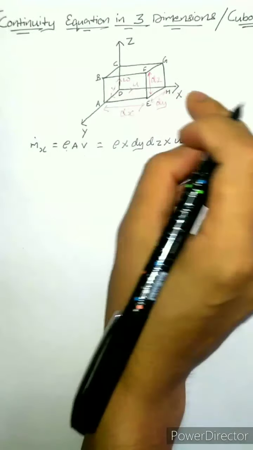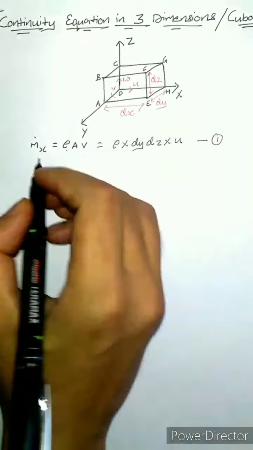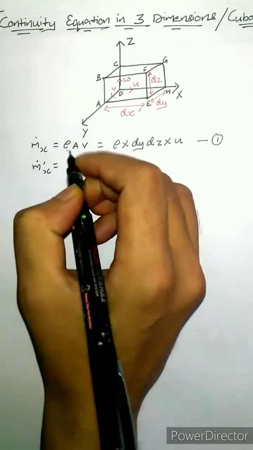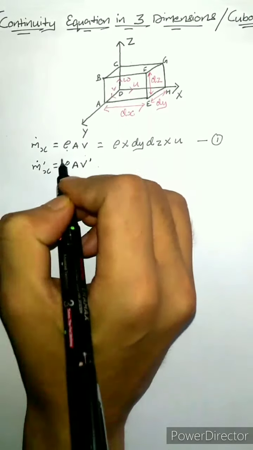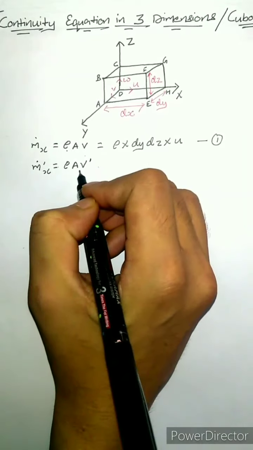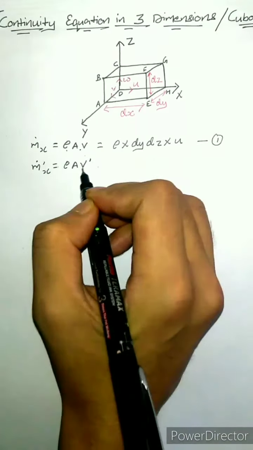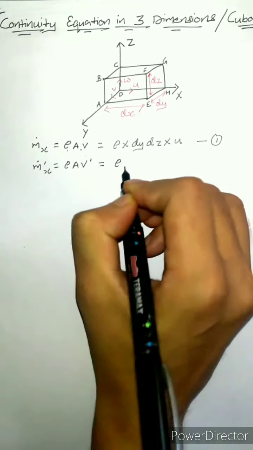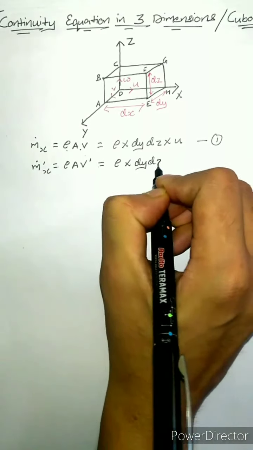Similarly, the mass flow rate which is leaving the box from face EFGH is denoted by m dot dash x in the x direction, that is rho into area into velocity dash. The area is the same as at the start, dy into dz.